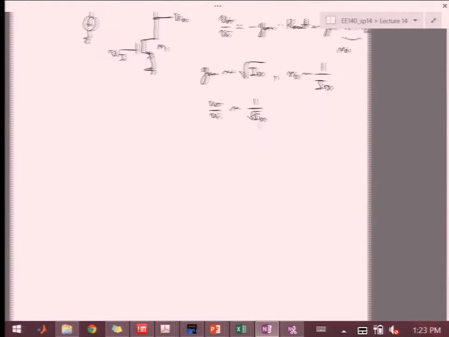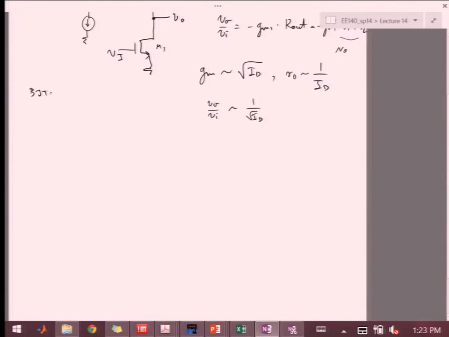So in contrast, in bipolars, what do we have? Okay, so GM is proportional to IC and R0. So from here, then GM R0 is roughly constant, right?